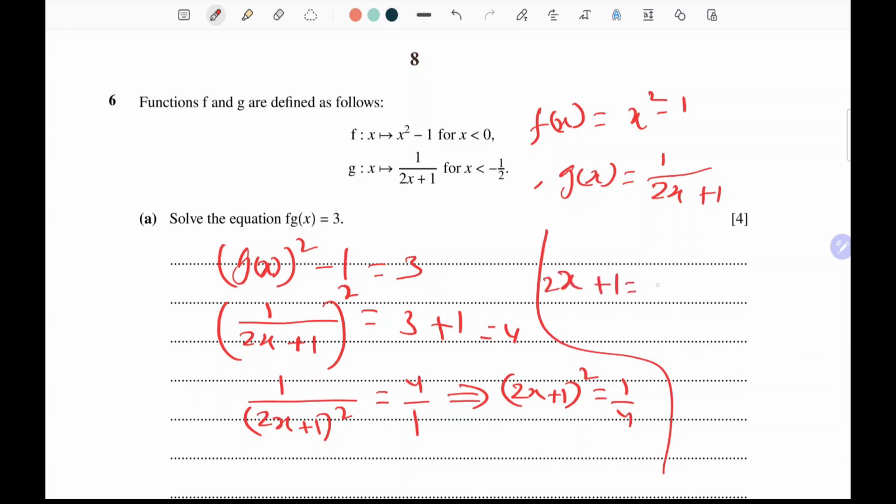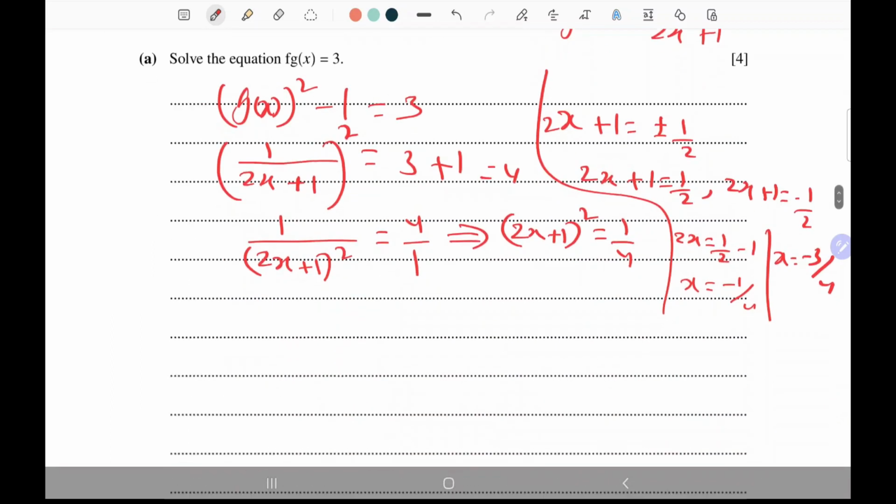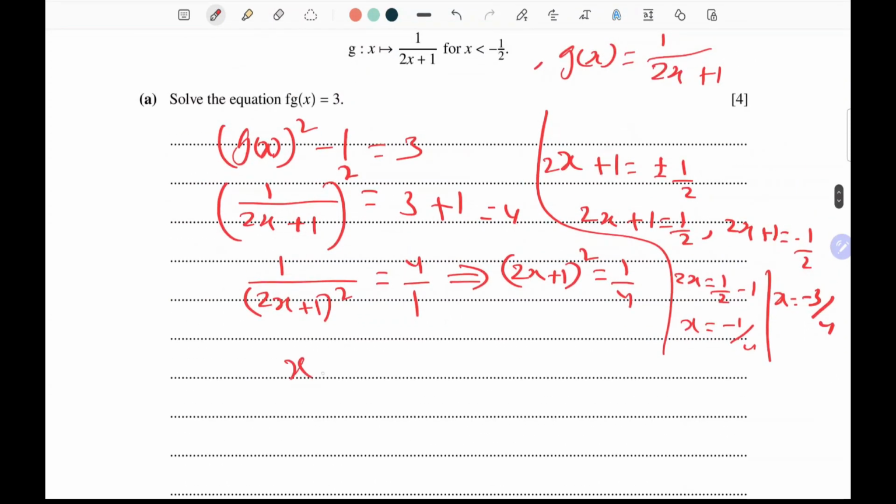So guys, 2x + 1 will be ± half, and then 2x + 1 = 1/2, or 2x + 1 = −1/2. So 2x = 1/2 − 1, and x = (−1/2)/2, that's −1/4. And here −1/2 − 1 is −3/2, and again divided by 2, so −3/4. So solving the equation, I got x = −1/4 and x = −3/4.